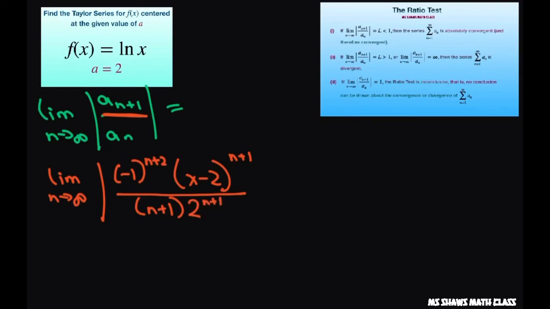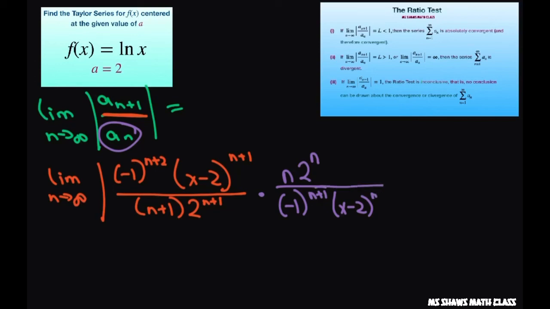Now for this piece, all we have to do is multiply by the reciprocal, which is going to be what we had, n times 2 to the power of n divided by negative 1 to the power of n plus 1 times x minus 2 to the power of n.